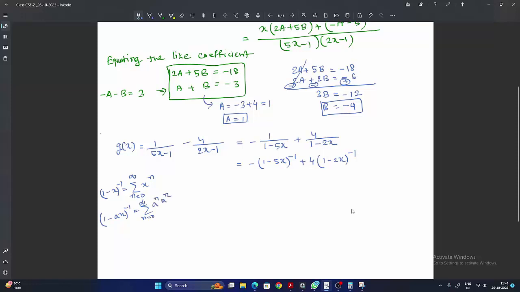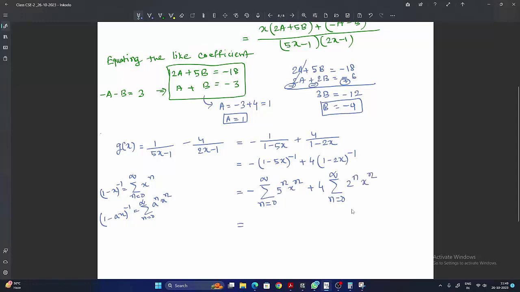So here also you will get the same thing: minus the sum over n from 0 to infinity of 5 to the power n x to the power n, and here you will get plus 4 into the sum over n from 0 to infinity of 2 to the power n into x to the power n.